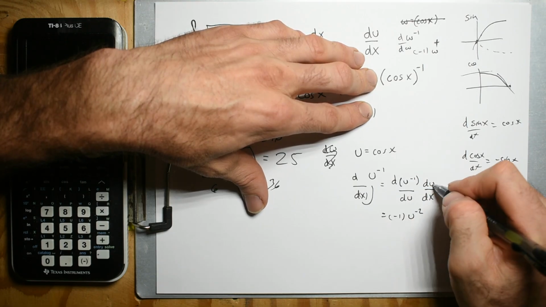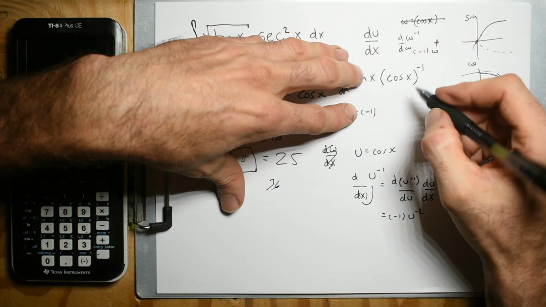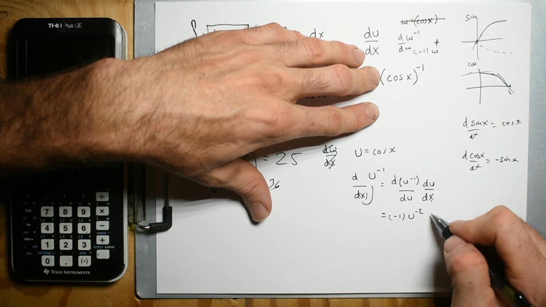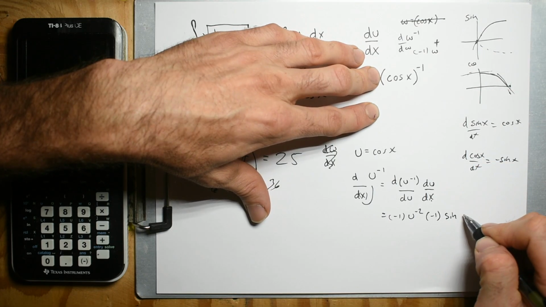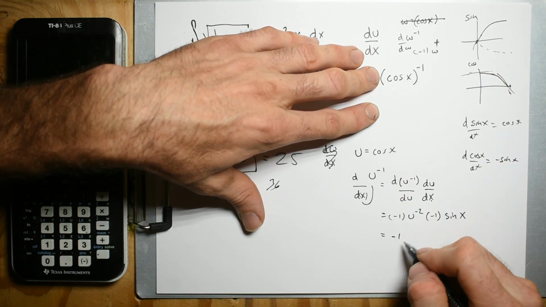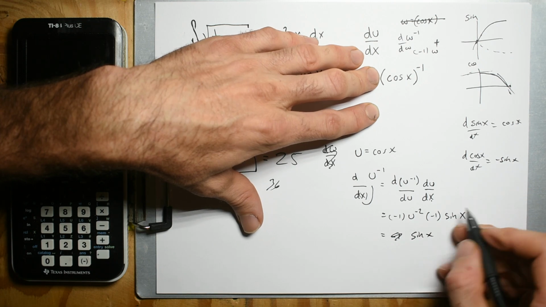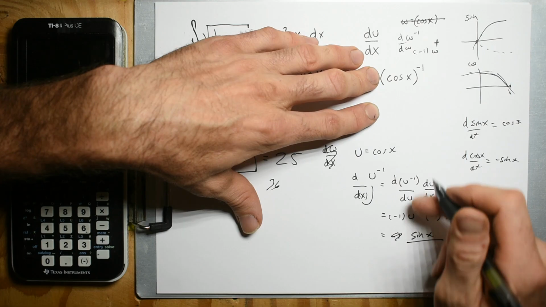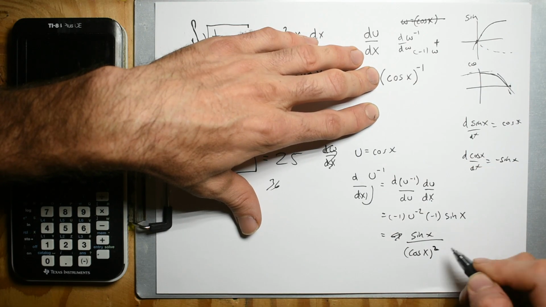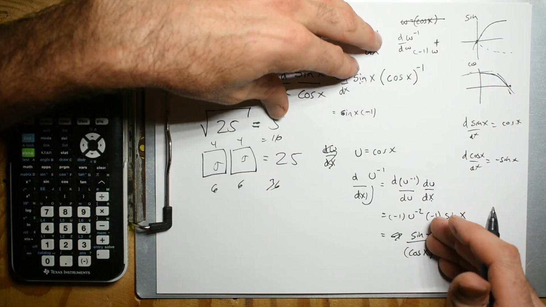And du dx is the derivative of cosine x, which is a negative sine x. Put back in the u, so the negatives cancel. We're going to have a sine x on top, and we're going to divide by cosine x squared. That's what we should get using u substitution.